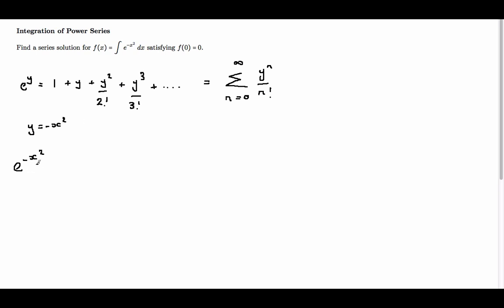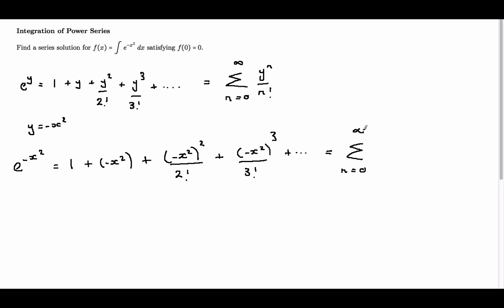So we see that the Maclaurin series for e to the minus x squared simply becomes 1 plus (minus x squared) plus (minus x squared) all squared over 2 factorial plus (minus x squared) all cubed over 3 factorial plus ..., and we can write that as the sum from n equals 0 up to infinity of (minus x squared) to the n over n factorial, and we'll say that is the sum from n equals 0 to infinity of minus 1 to the n x to the 2n all over n factorial.